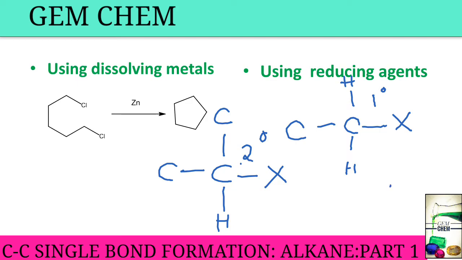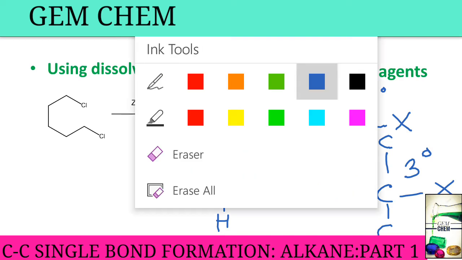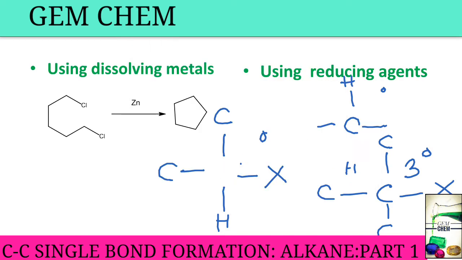And if the carbon is attached to 3 carbons, no hydrogen and an X, it is a 3 degree carbon. So this is how we determine the carbon to be 1 degree, 2 degree or 3 degree. Now we will understand the mechanism for this.